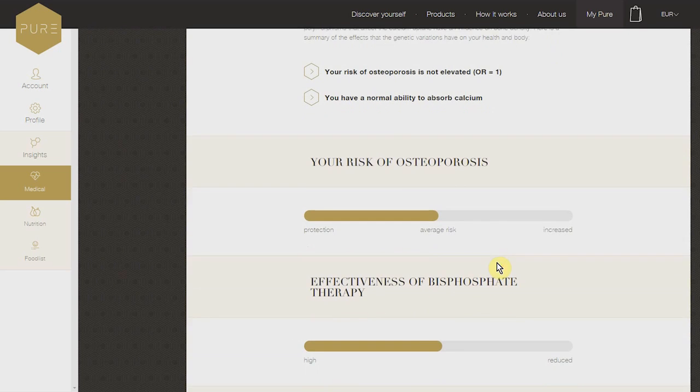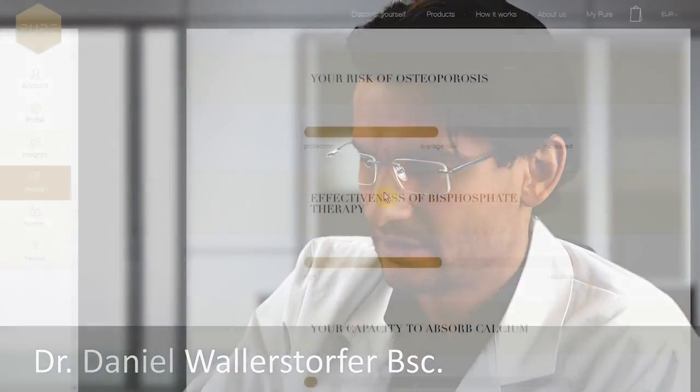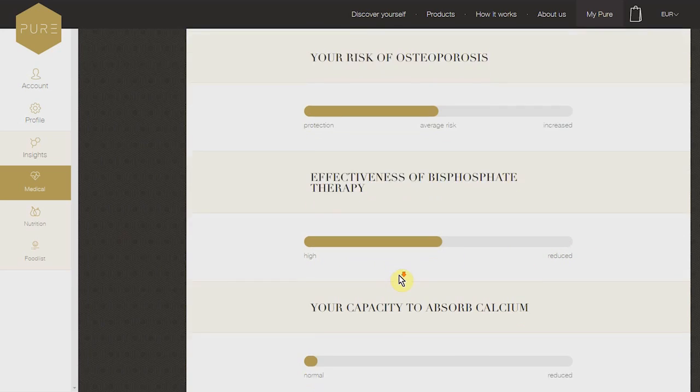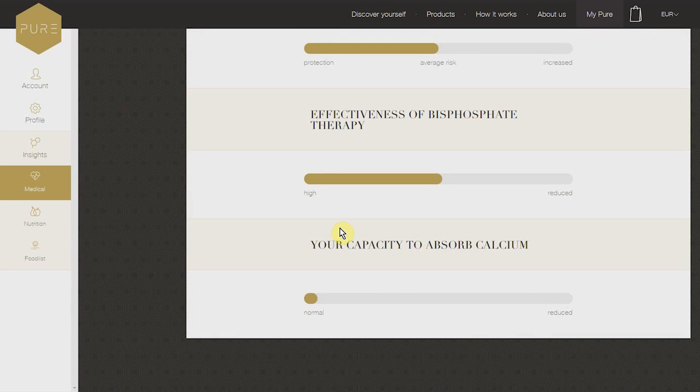profile. Now, should you ever develop osteoporosis, there are a number of medical treatments, certain drugs, and the effectiveness of these drugs are also very strongly influenced by certain genetic variations. So bisphosphonate, which is a certain therapy that can be used, might be less effective or more effective, and also your capacity to absorb calcium might also be influenced.